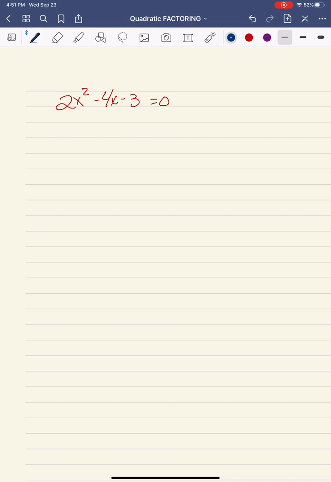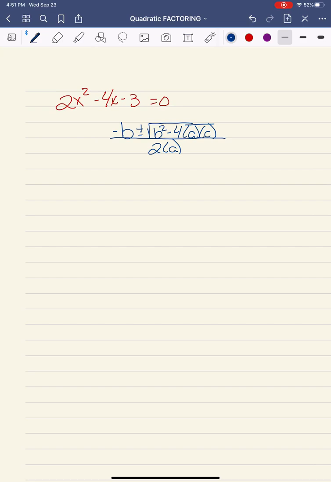I highly suggest, for those of you who are not good at memorizing formulas, this is one you really want to try to memorize. So it's negative b, plus or minus the square root of b squared minus 4 times a times c, all divided by 2 times a.